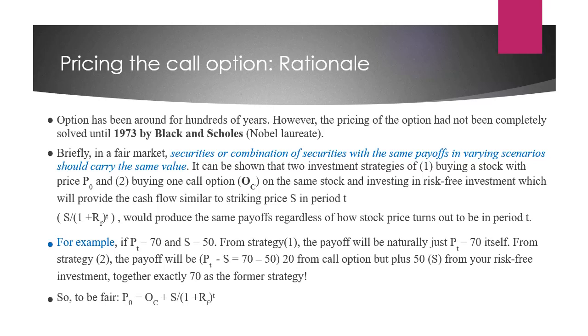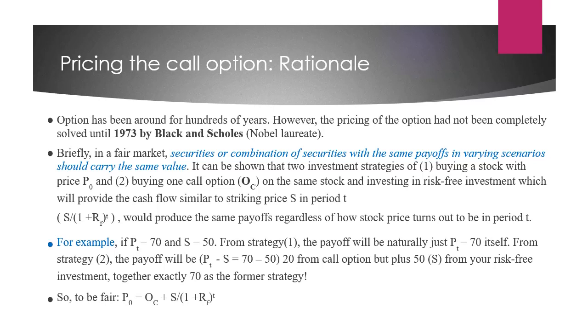We can understand it with an example. If P naught equals 70 and S equals 50 was your strike price, under strategy 1, P T itself would be the payoff, whereas under strategy 2, the payoff would equal the price at time T minus the strike price, that is 70 minus 50, and you'll get a $20 payoff from the call option.